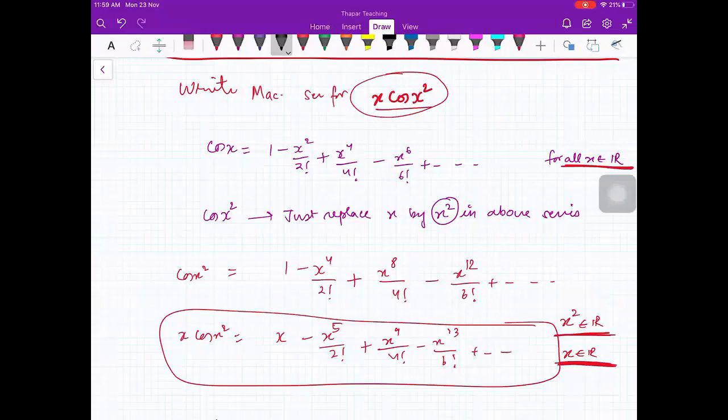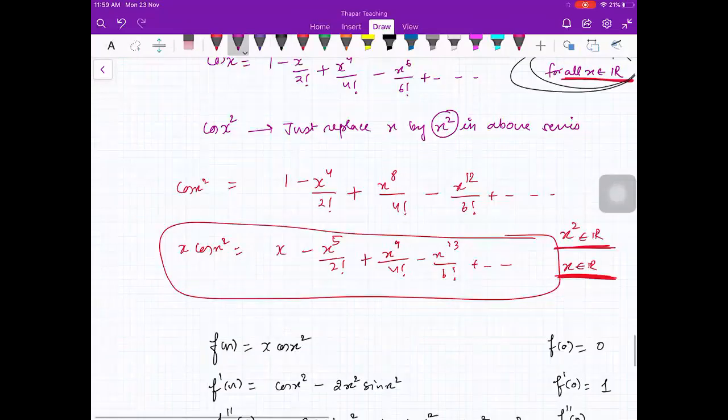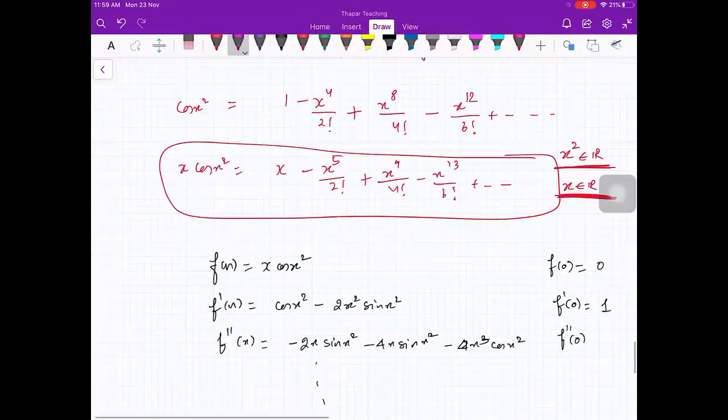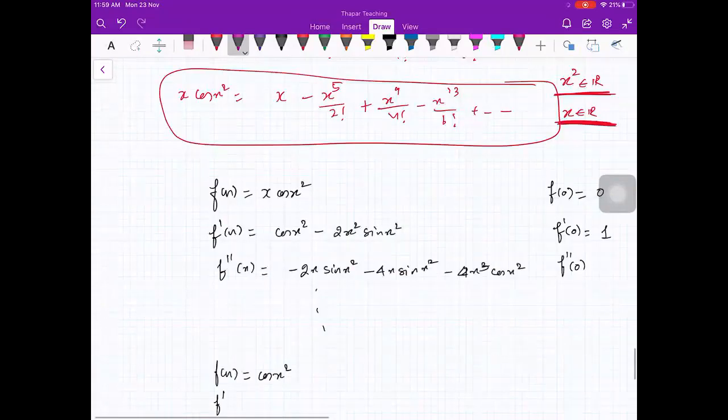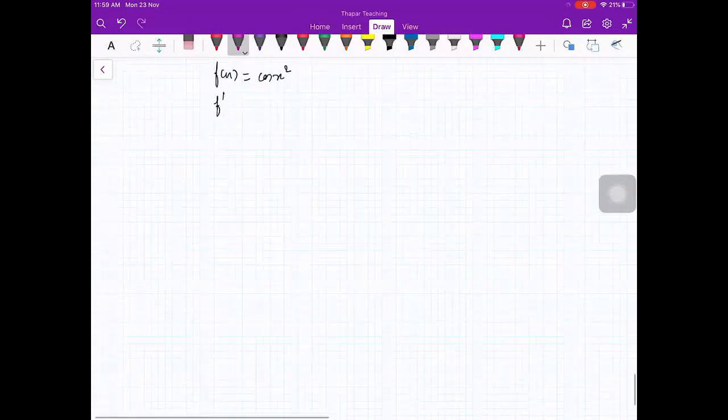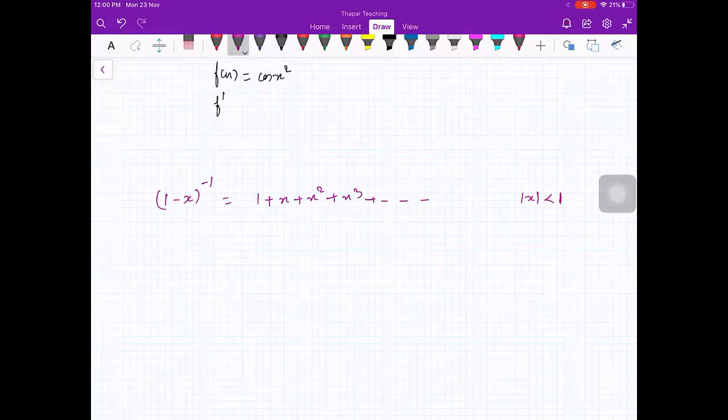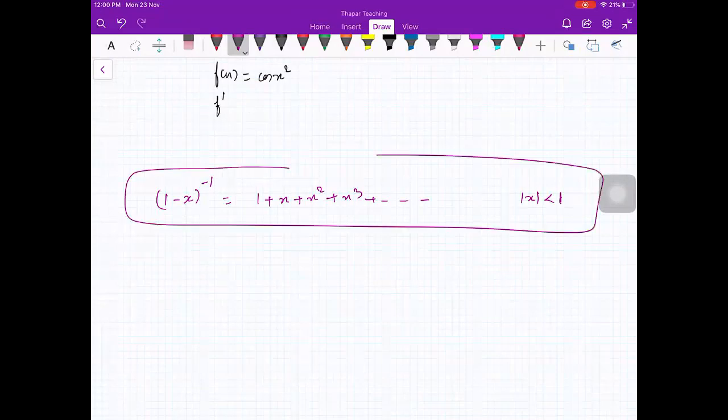Can you see why you can do this? Because this is true for all x. So you can replace x with x square for sure. Now suppose you have this series, 1 minus x raised to power minus 1, so you have 1 plus x plus x square plus x cube, and so on. You know this is true for mod x less than 1, because this is just a GP with common ratio x.